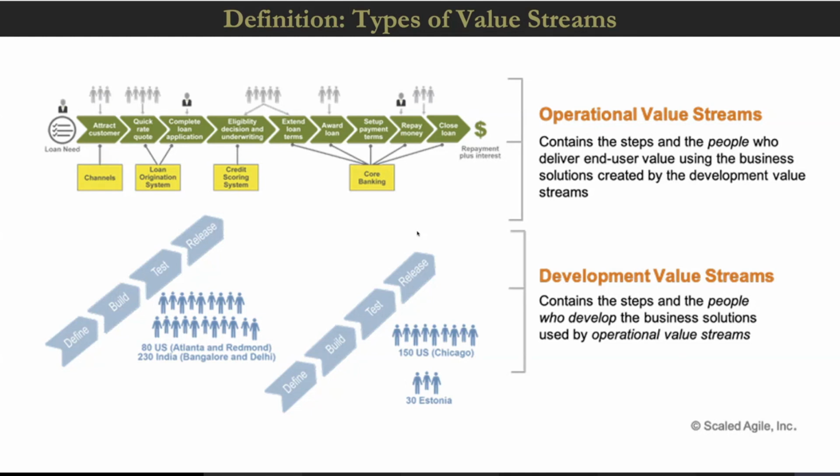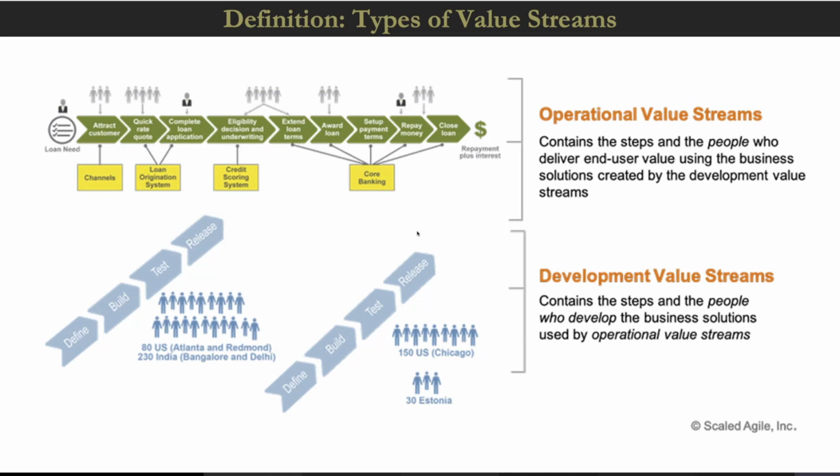If you think about the steps and the people and the applications that deliver end user value that are in production, they constitute the operational value stream. If you think about the steps and the applications that are designing newer business solutions that are ultimately utilized by operational value streams, that constitutes your development value stream.